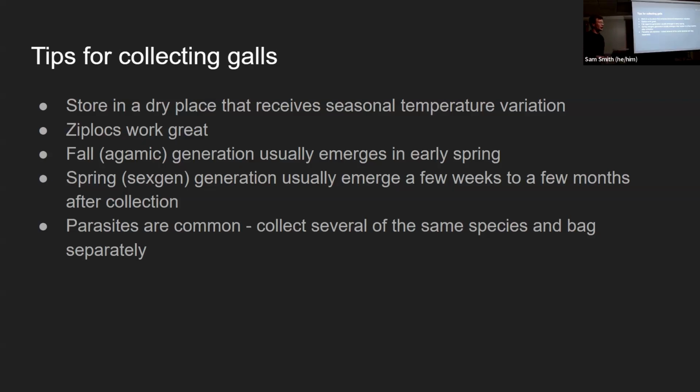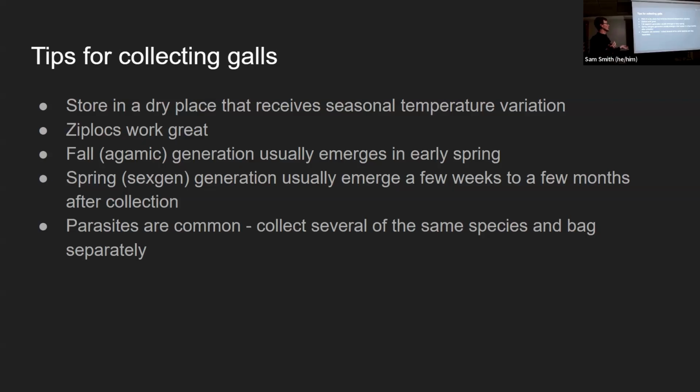And if you collect the fall generation, which are the bigger, showier galls, oftentimes, they'll take longer. So if you collect it, you want to first of all try to collect it when it's mature. So not a really small one that's still developing, because if it's connected to the plant and still growing, it's still basically siphoning off nutrients from the plant. But not one that shows any sign of emergence or too much of the lignification going on already.